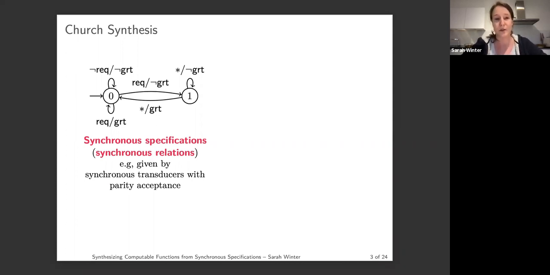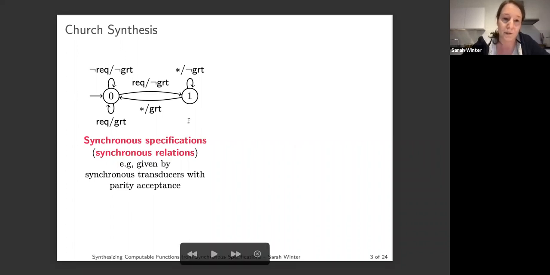That means we have an automaton, and on each transition, we read one input letter and produce one output letter. And the acceptance condition is just normal parity. And here in this example, my input alphabet consists of two symbols, not request and request, and my output alphabet consists of two symbols also, grant and not grant.